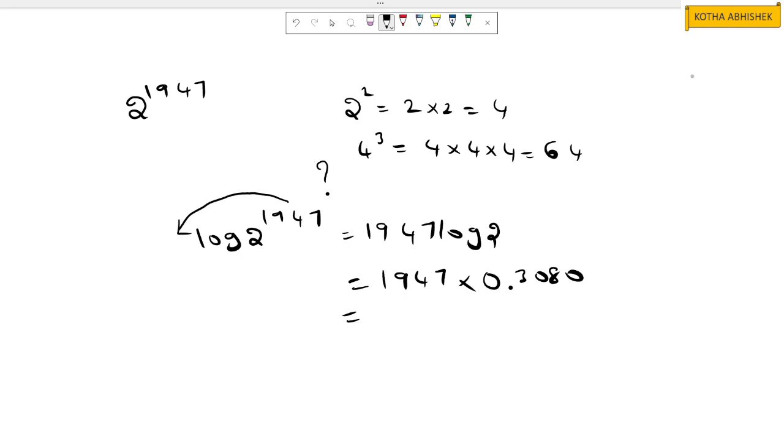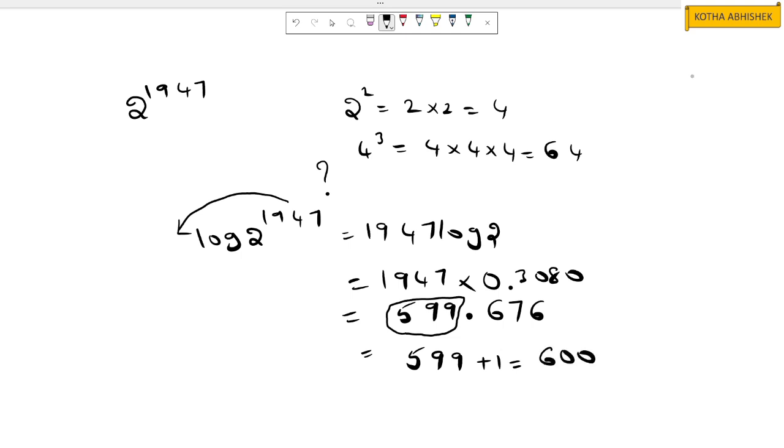Let us check what it will be. 599.676. Now what will be there before the decimal? For that, add 1. Here we have 599 before the decimal, right? So 599 add 1, always only we need to add 1. So 599 plus 1 equals 600. So in the expansion of 2 power 1947, 600 digits will be there.